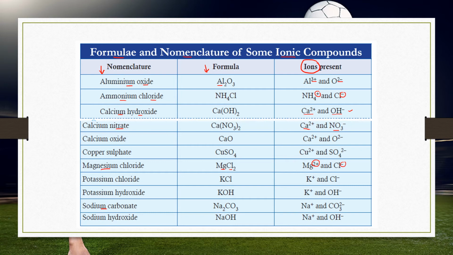Sodium is a metal, then we have our carbonate, which is a radical. We shall have sodium carbonate as the formula of the ionic compound, but the ions present will be the sodium ion and the carbonate ion. So you can feel free to pause the video and check out other compounds. But one thing to note, we have positive charges and negative charges coming together because there must be ions present. That's why we call them ionic compounds.